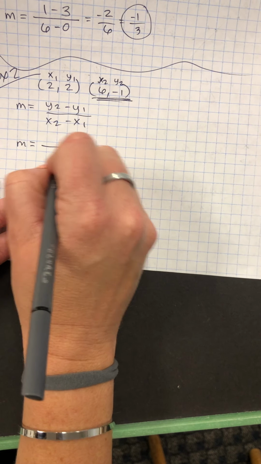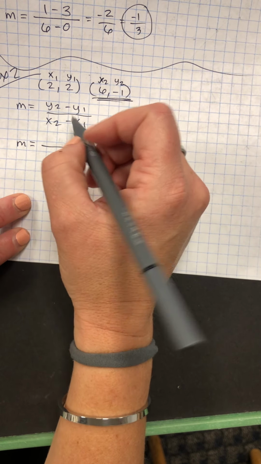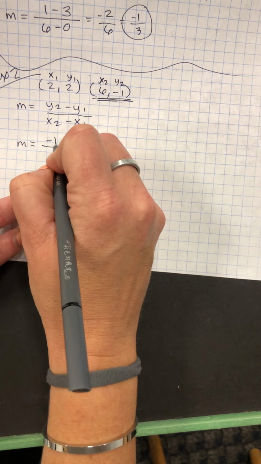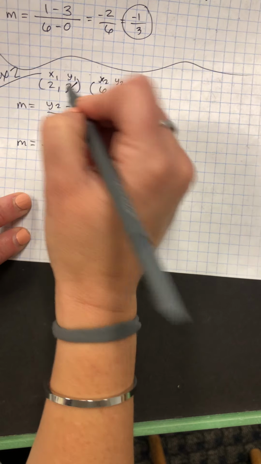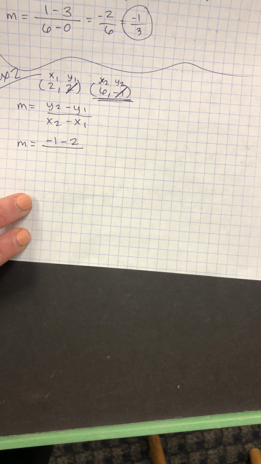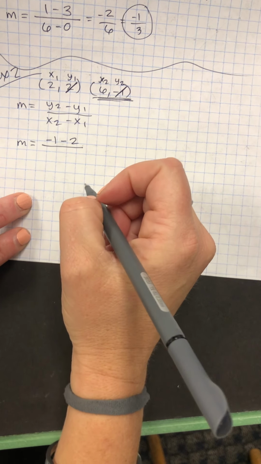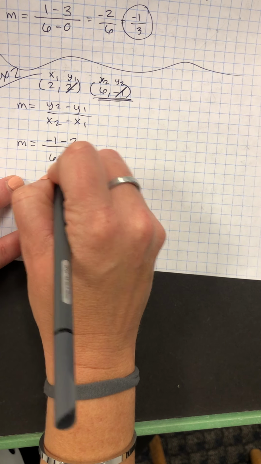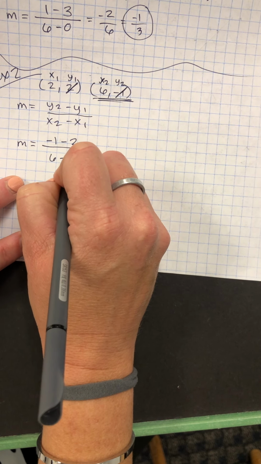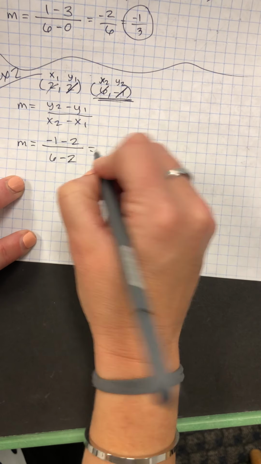Grace? M equals negative 1 minus 2. So I've used y1 and y2 in the right order. Dane? On the bottom, x2 minus x1. 6 minus 2. Okay? Now I can solve.